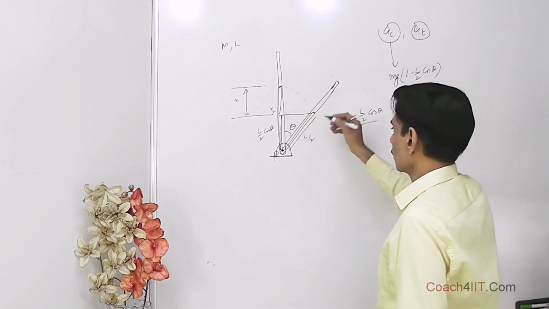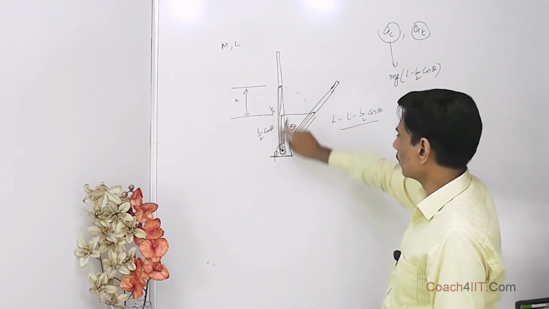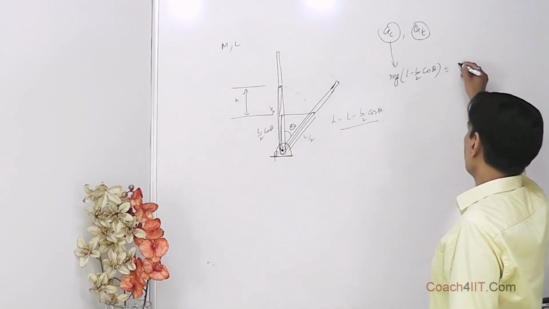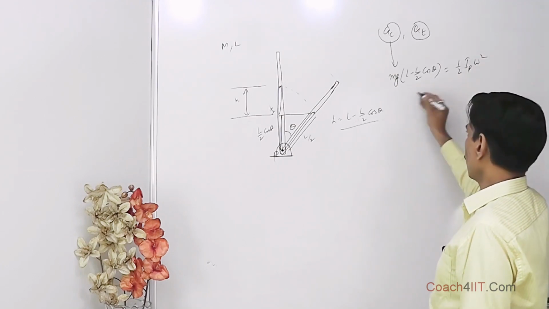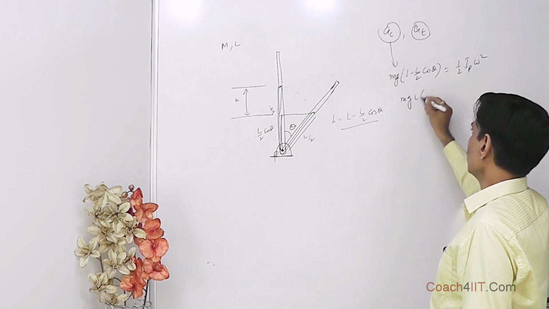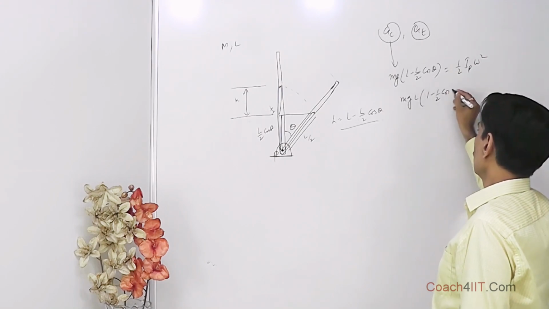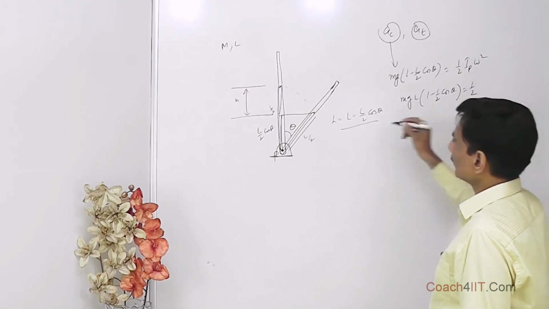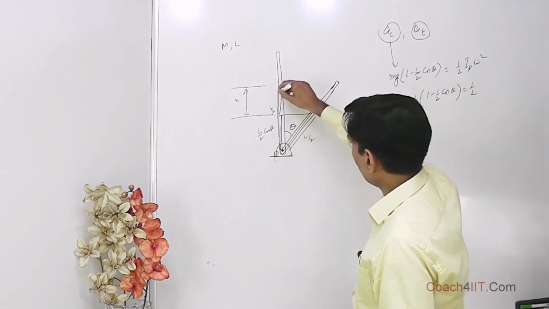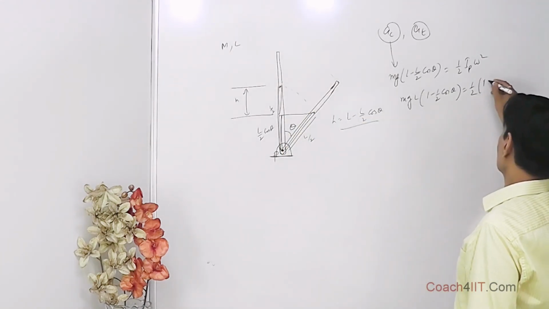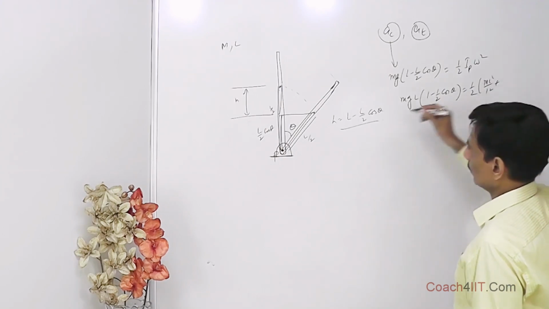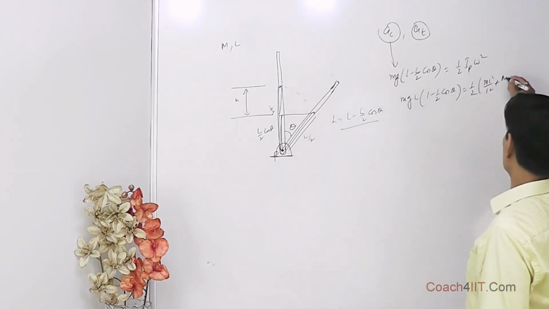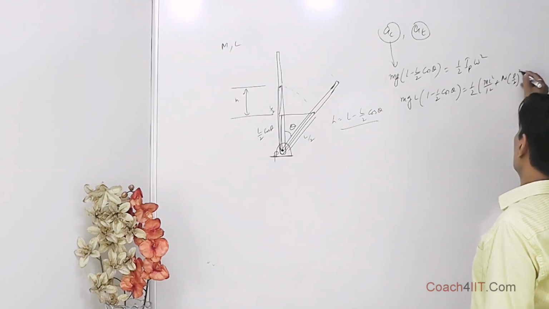This potential energy is lost. Where does it go? This is a pure rotation about point P, so it equals half I about P omega square. So from here we get mgL(1 minus 1 by 2 cos theta) equal to half I_P omega square. We have to find I_P.